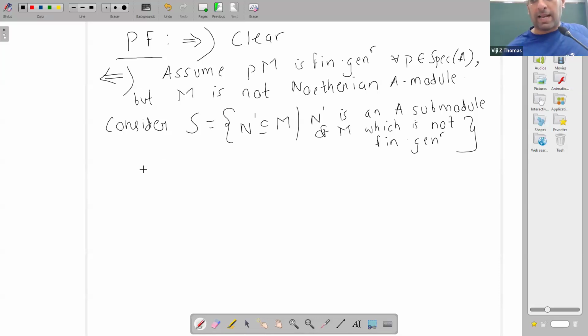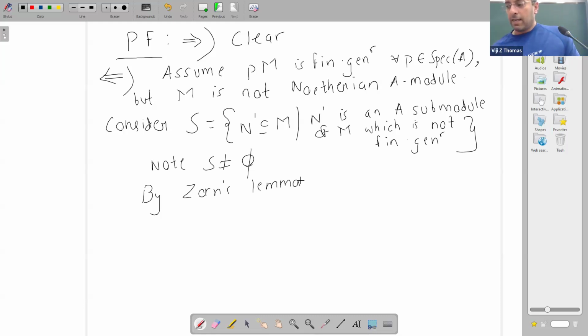What can you say about this set S? Empty or non-empty? Non-empty. Why? Because M is not Noetherian. So note S is not empty. So this means what? By Zorn's lemma, what can you say?